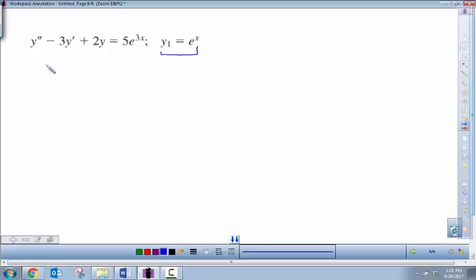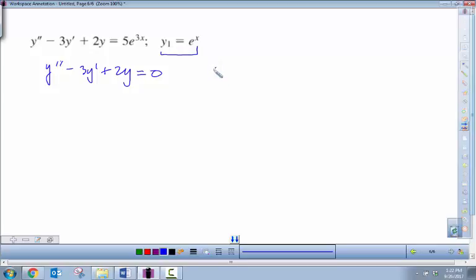So we're going to focus on the differential equation y double prime minus 3y prime plus 2y equal to 0. We're going to focus on the homogeneous portion first. And then we know that y1 is equal to e to the x is one solution.